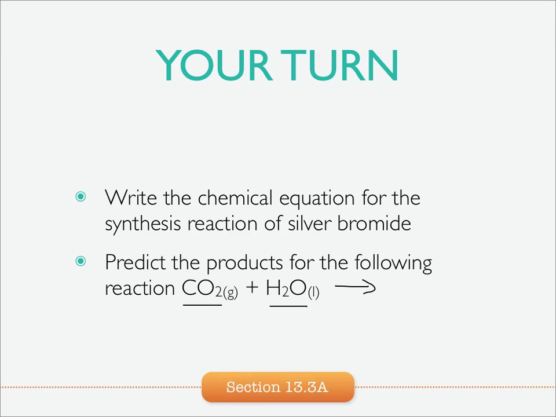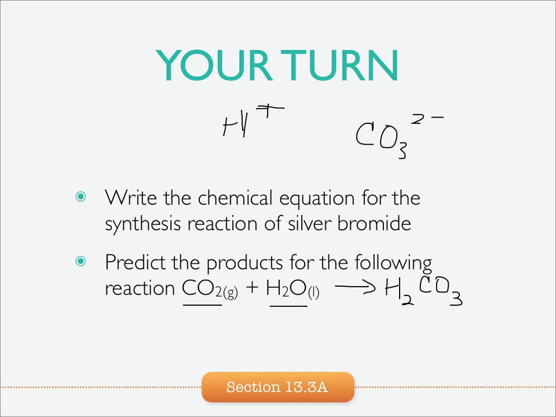Okay, so if you looked it up, you might have seen there's a CO3 on there, which has a lot of the things that we have here. We've also got some hydrogens, and hydrogens tend to be a +1. So we could put that together and get H2CO3, and that would be our compound formed in this particular synthesis reaction.